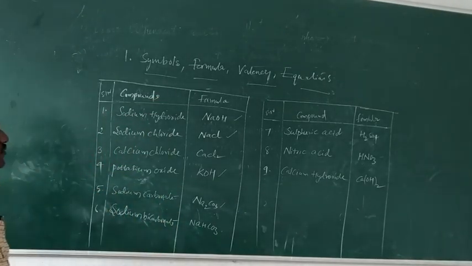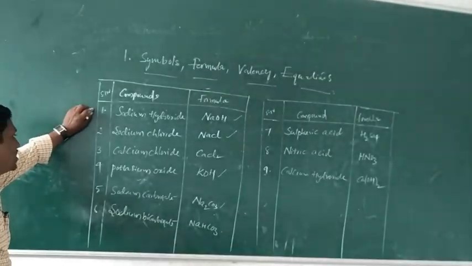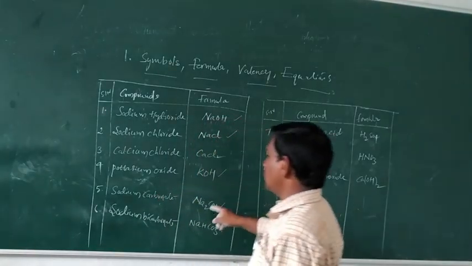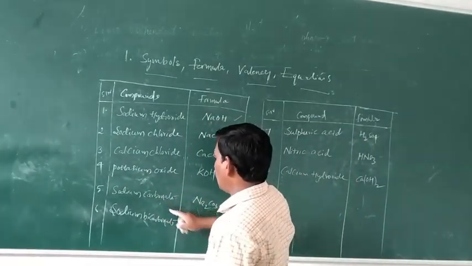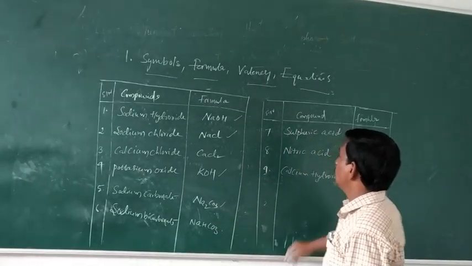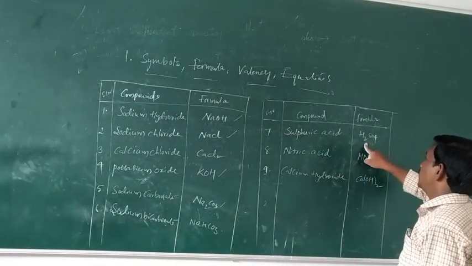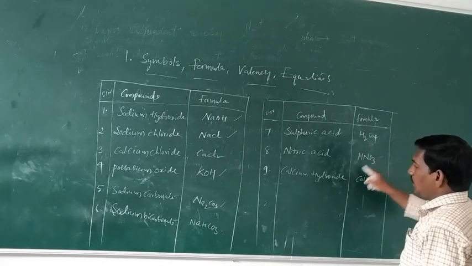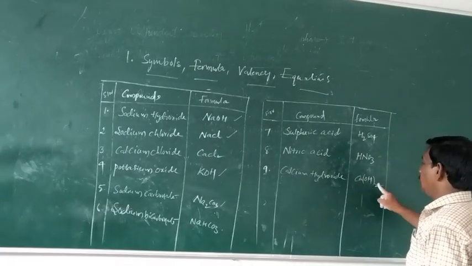Sodium hydroxide NaOH, sodium chloride NaCl, calcium chloride CaCl2, potassium hydroxide KOH, sodium carbonate Na2CO3, sodium bicarbonate NaHCO3, sulfuric acid H2SO4, nitric acid HNO3, and calcium hydroxide Ca(OH)2, right?